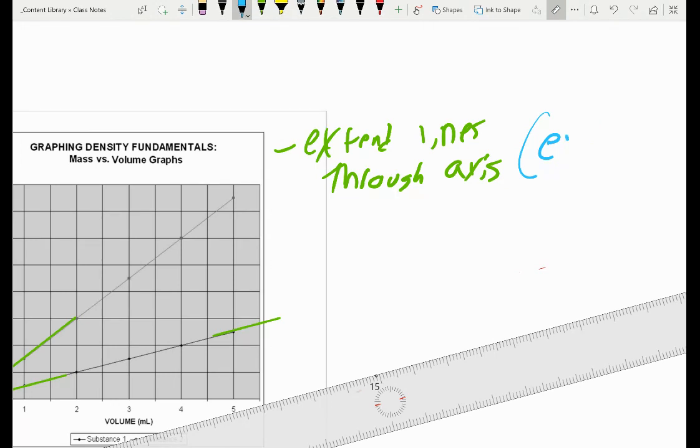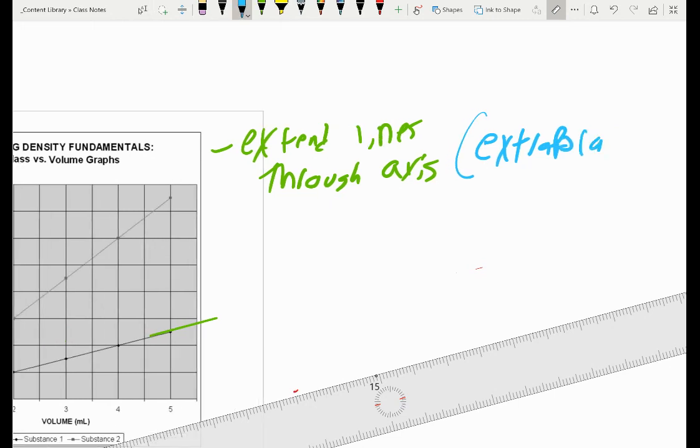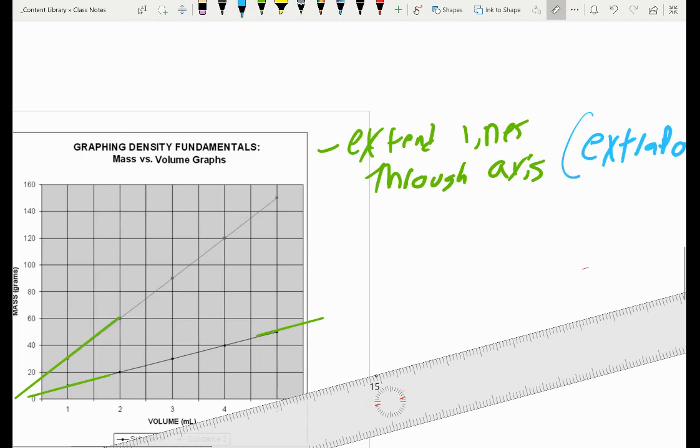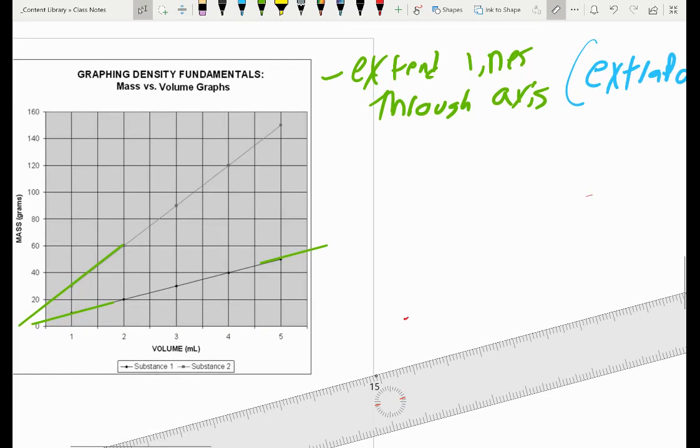Extrapolate. You're going to extrapolate the data. Right. When you extend that line, have you guys ever heard of that term?